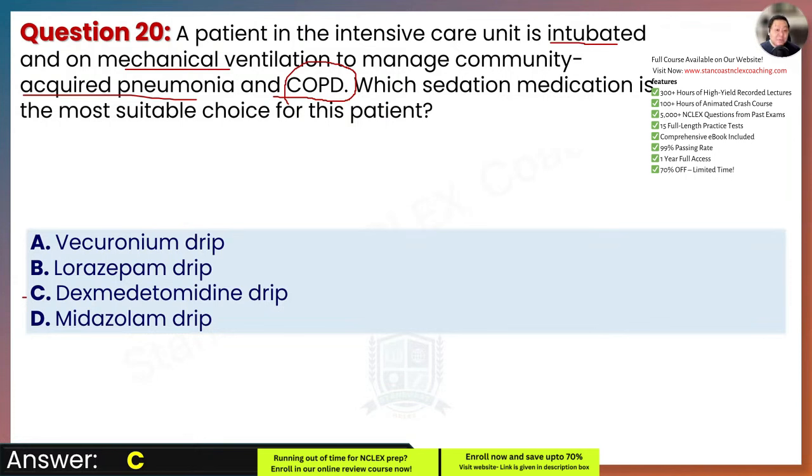It will keep the patient calm, but will allow some level of arousability, which is great for weaning off the ventilator. And unlike the benzodiazepine, the dexmedetomidine drip also reduces the risk of delirium, and it also promotes a more natural sleep pattern.